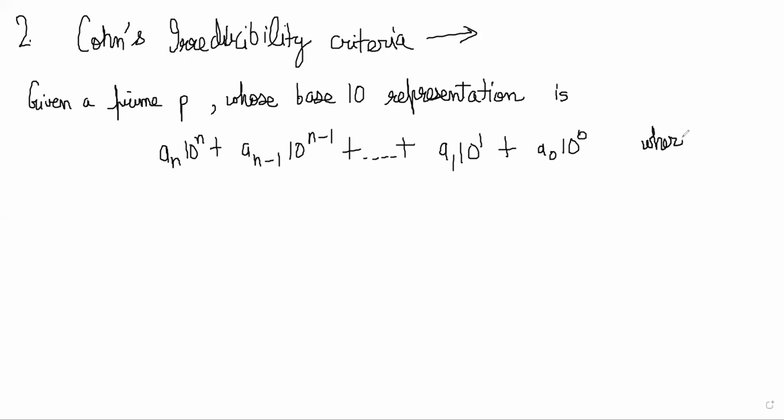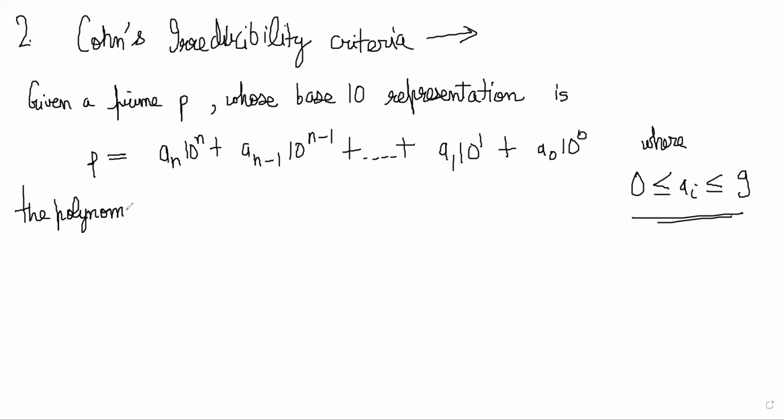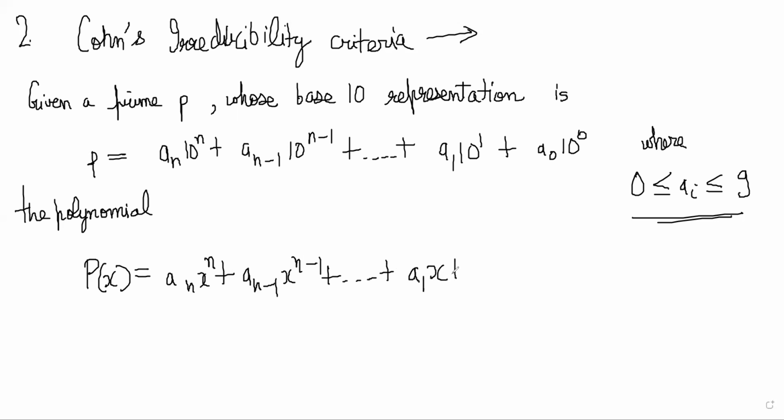Where each a_i satisfies 0 is less than or equal to a_i is less than or equal to 9, because it is a base 10 representation of p. p is equal to this, right? The polynomial p(x) is equal to a_n x^n plus a_(n-1) x^(n-1) and so on till a_1 x plus a_0 is irreducible.